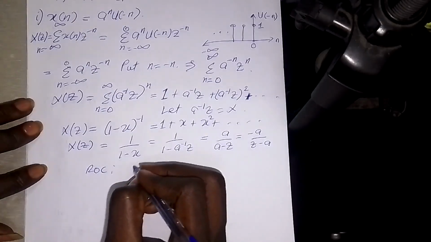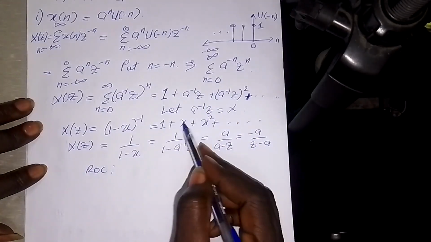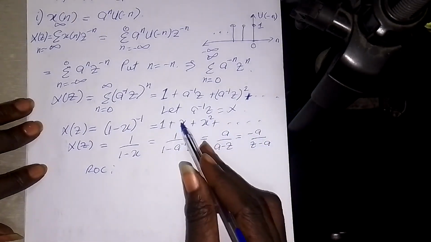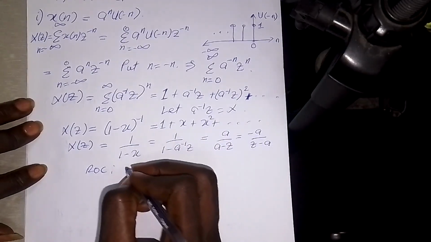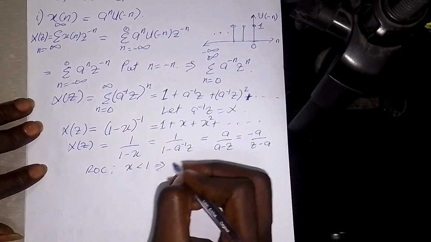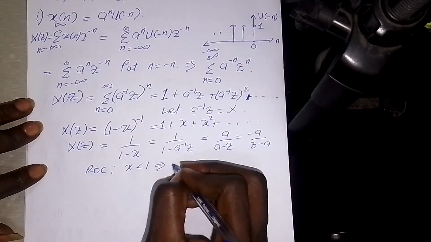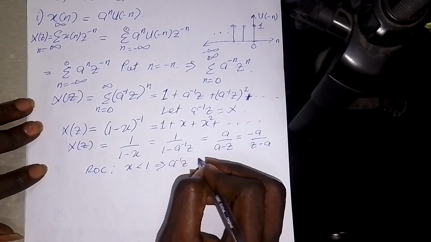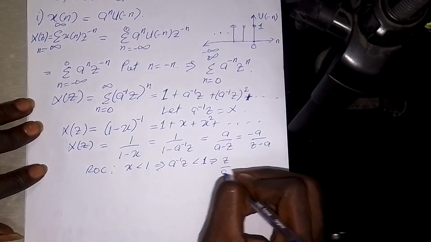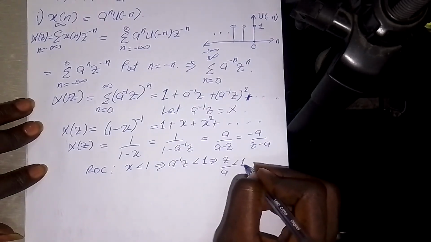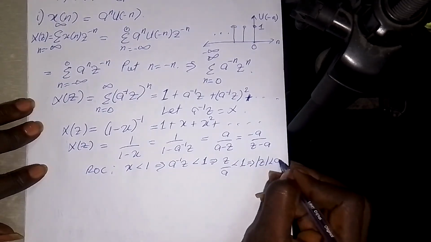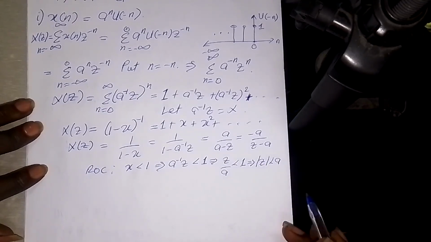And what will be your ROC? Your ROC is such that this summation will go to infinity if mod x is greater than 1. But if mod x is less than 1, then it will converge. So here x should be less than 1. We know that x is basically a exponent minus 1 z, which is less than 1. So mod z over a is less than 1, which means mod z is less than a.